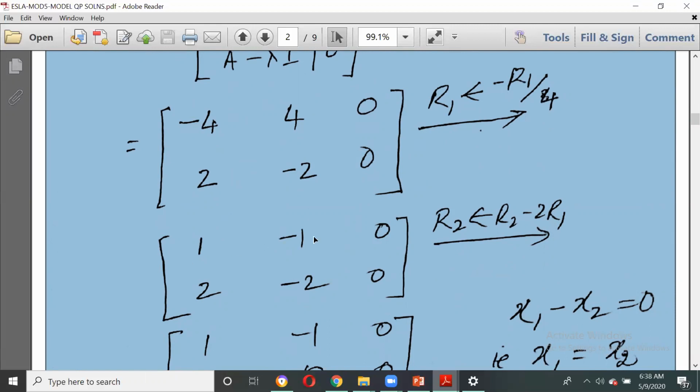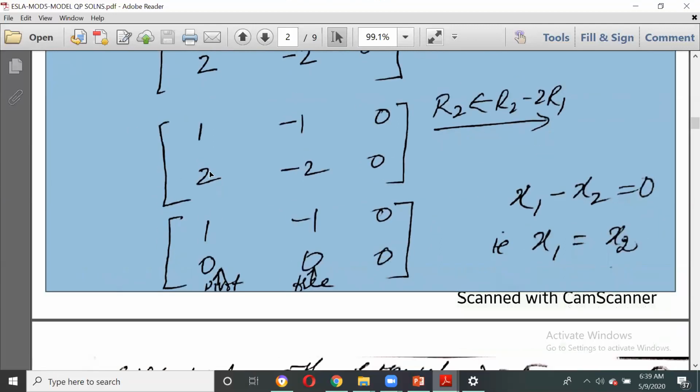So we'll get 1, minus 1, 0, 2, minus 2, 0. Having done this, we should reduce this to 0. So for that, R2 minus 2 R1 will give 0, again 0, and again 0.